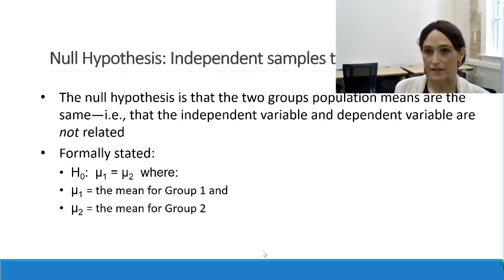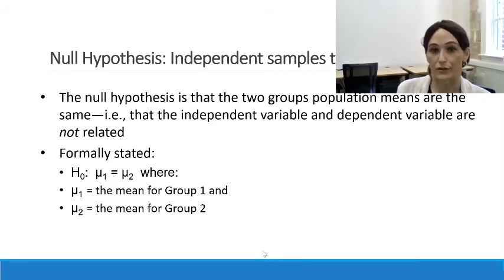The null hypothesis in an independent sample t-test, as you may have guessed, is that the 2 groups are the same, that there is no difference between the 2 group means, that the independent variable and the dependent variable are not related. We would formally state this, that the mean of one group equals the mean of the other group.